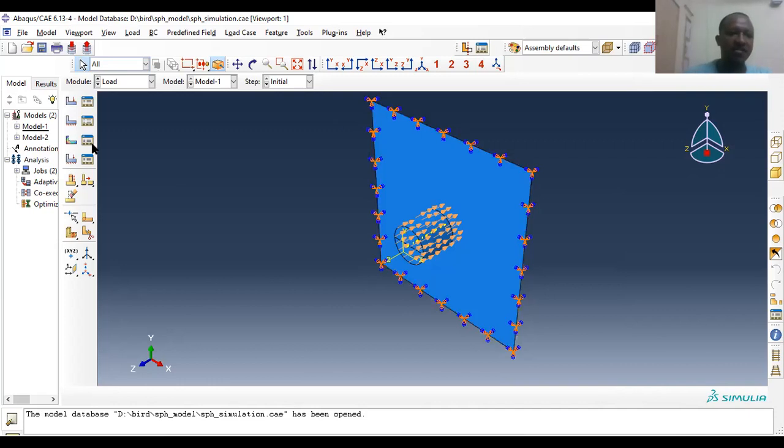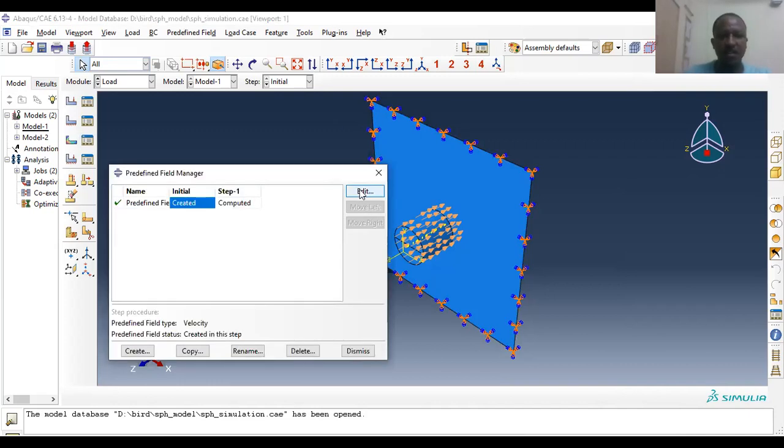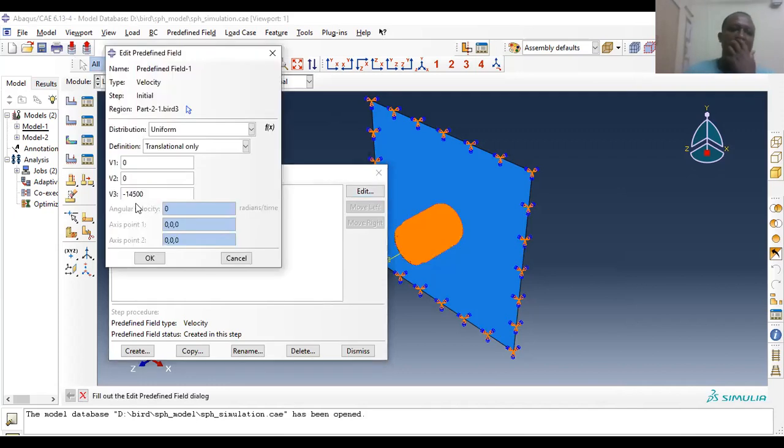Here I consider the velocity as 14.5 meters per second, not very hypervelocity but a moderate velocity, or 14,500 millimeters per second is considered here.